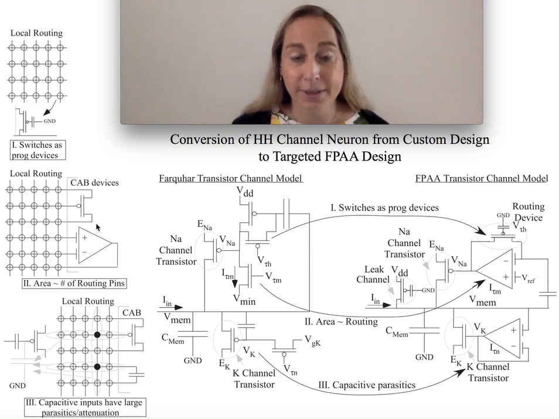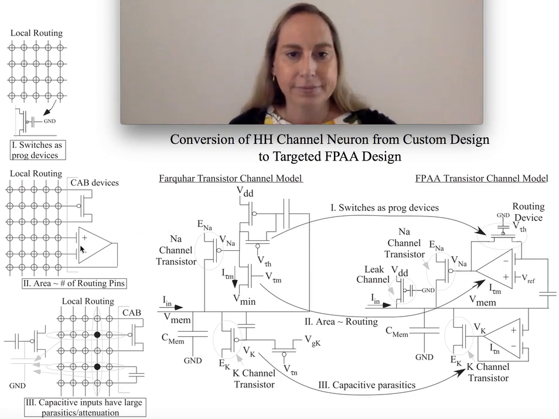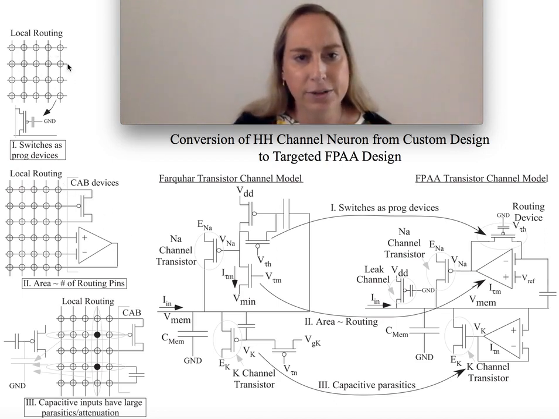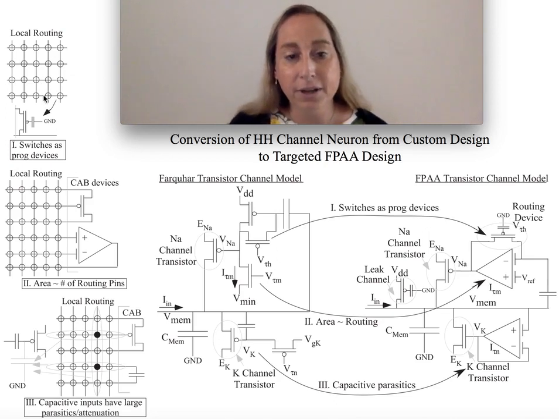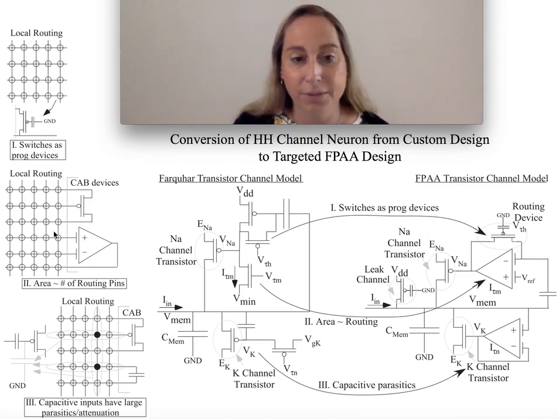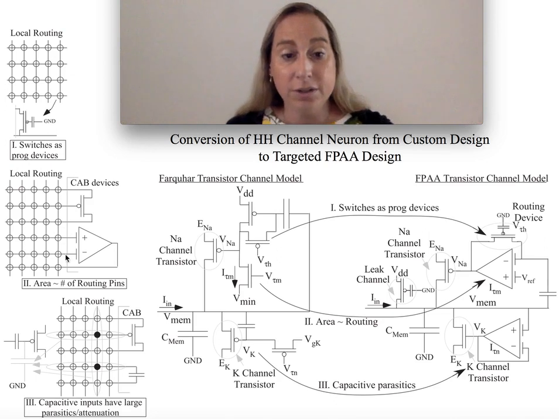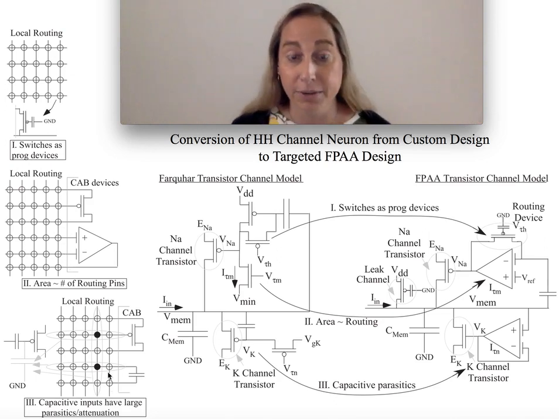A second aspect is looking at what happens with some of the local routing. The local routing allows you to connect things, but it also has an issue in terms of setting your complexity and also the questions of capacitance that you might run into in these systems. One of the complexity questions is that most of your area often becomes dominated by the number of lines you need.